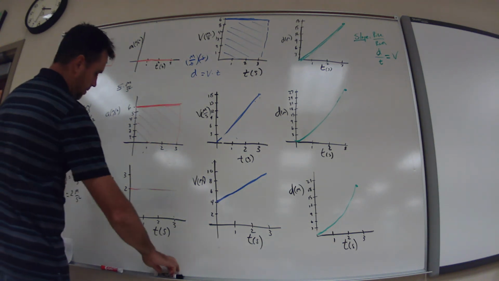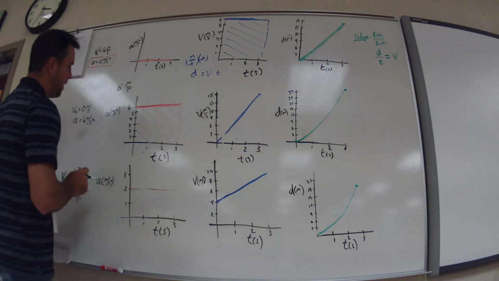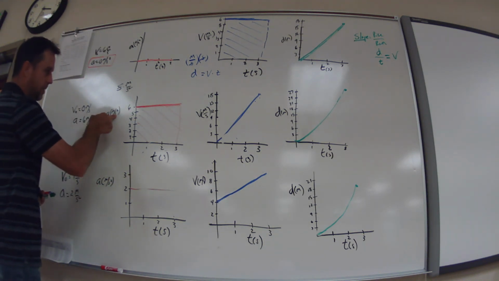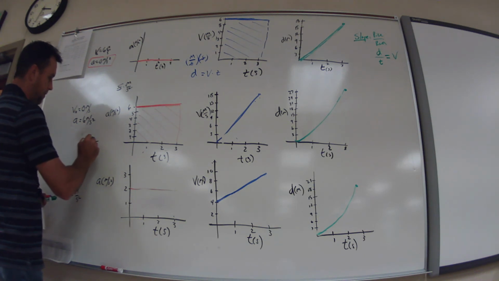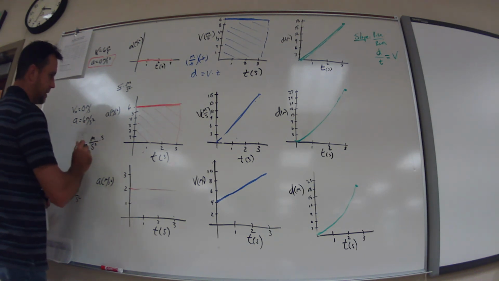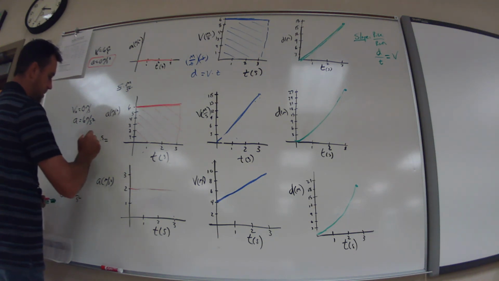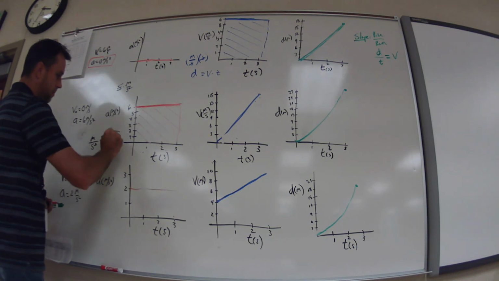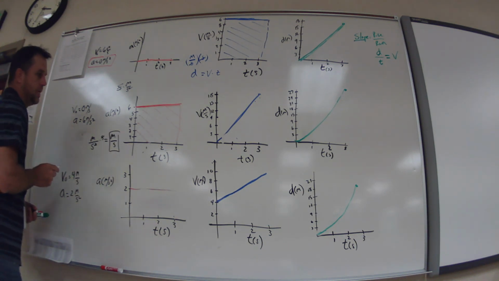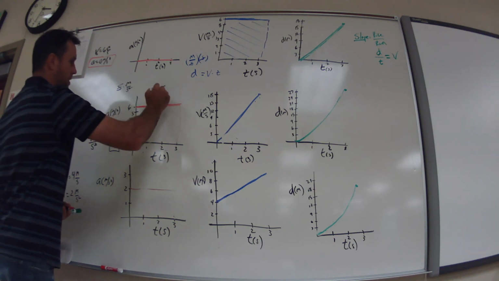Well, when you look at an acceleration time graph, you have meters per second squared on one axis and seconds on the other axis. What do you get if you take meters per second squared times seconds? What's this rectangle's area units? Well, that's going to cancel with that, and you get just meters per second. All right, so in other words, the area of this rectangle is going to be your change in velocity.